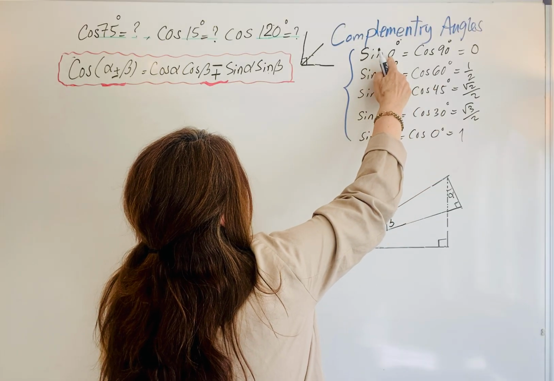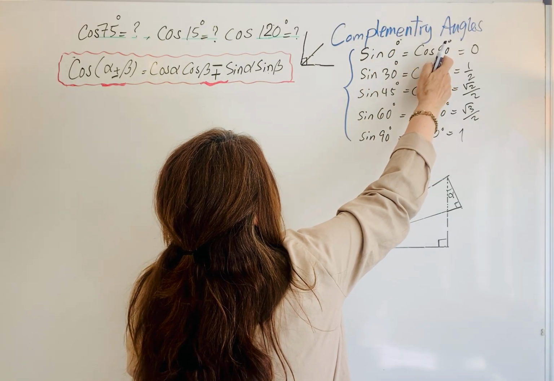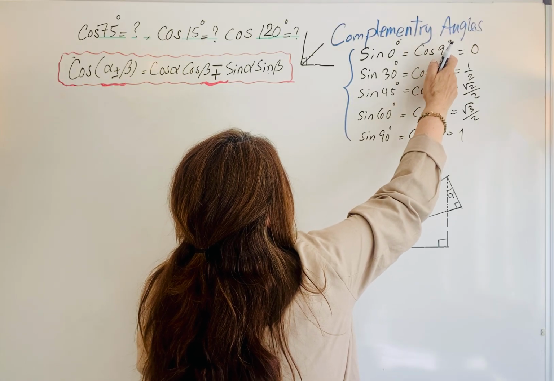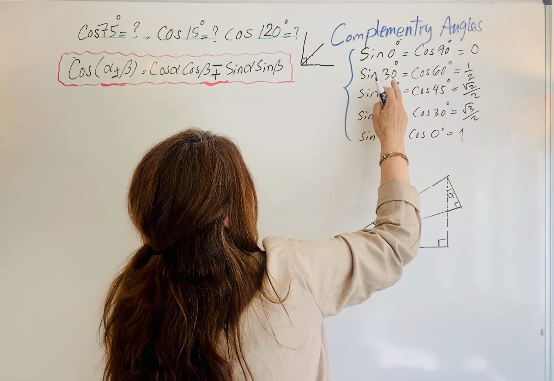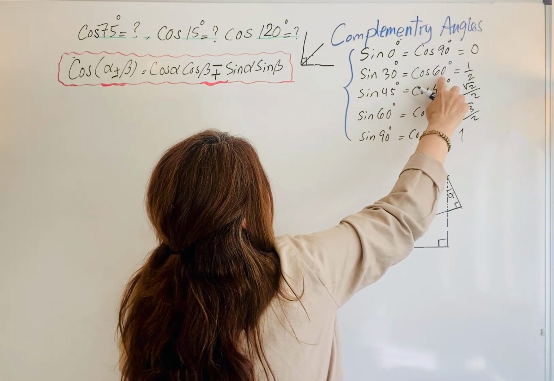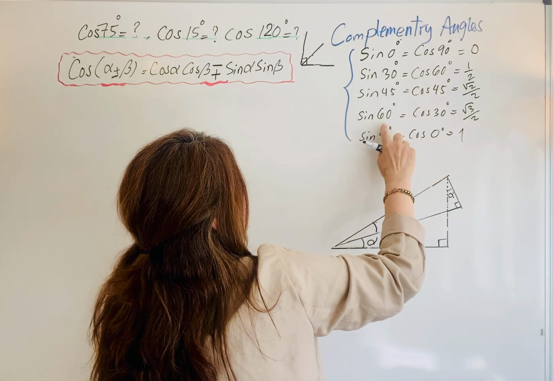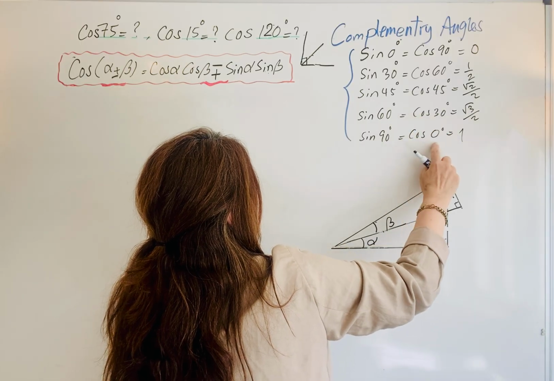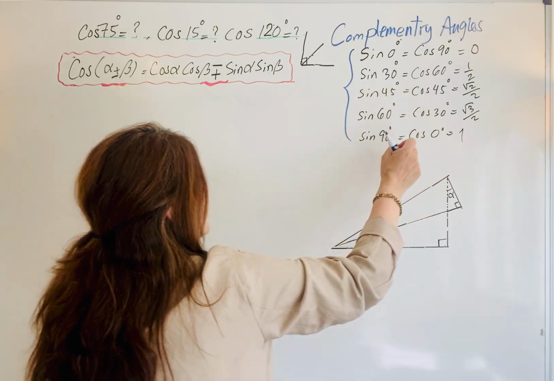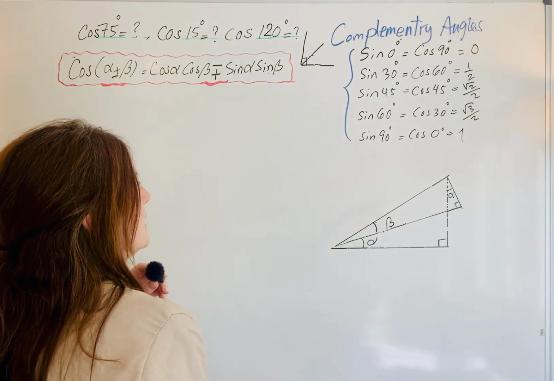The sine of 0 is equal to the cosine of its complementary angle, 90. Sine of 30 is cosine of 60, 45 and 45. Sine of 60 and cosine of 30, 90 and 0. They are complementary to each other. It's very easy to know.